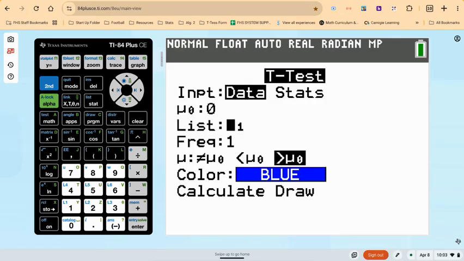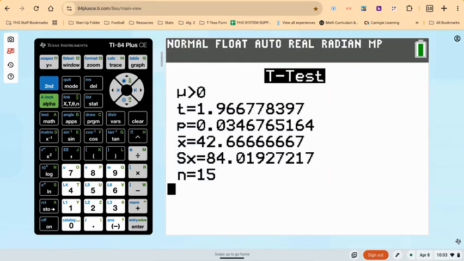So I changed this by hitting second and number 3, and it changes to L3. Again, I make sure that this matches up with the correct symbol. So we have greater than, and then all I do is hit enter. It gives me my t value, my p value, and it also gives me my average.